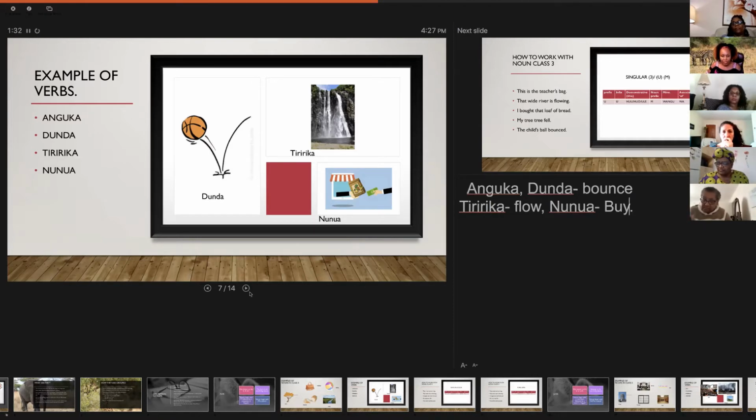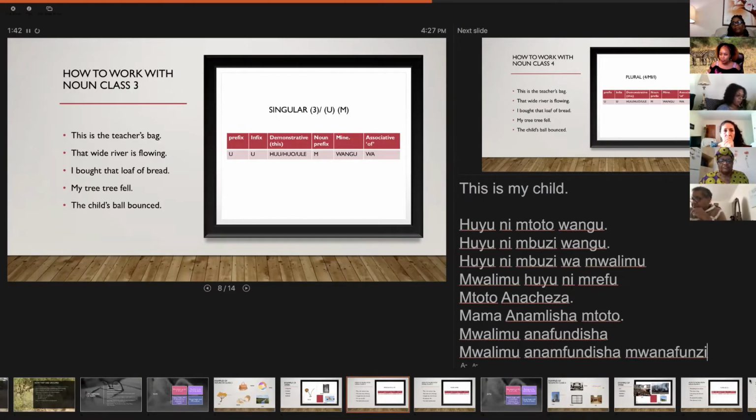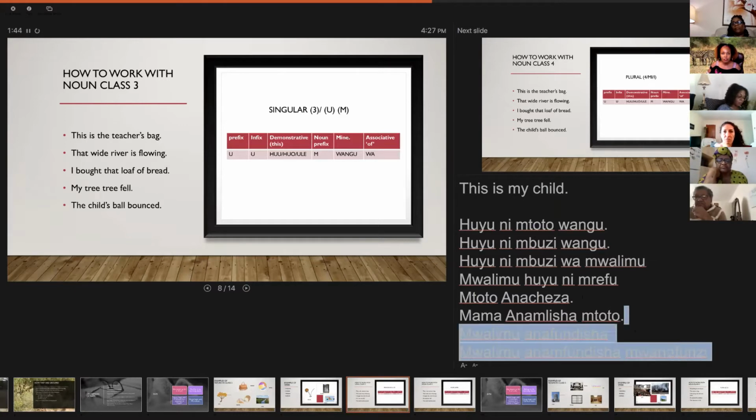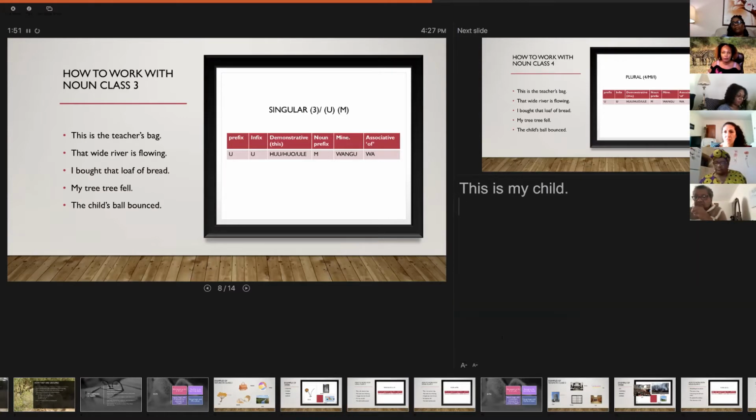The reason I'm showing you this right now is because I'm about to show you the practical applications for these noun classes. So here we have a prefix.